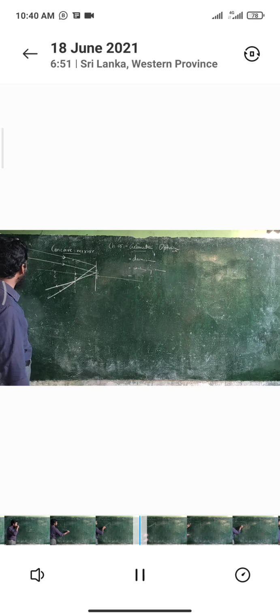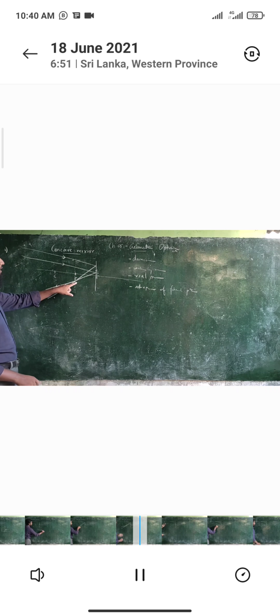Third character: here you have the real rays coming from the object. After the reflection, by the real rays, you are obtaining this image, by keeping a screen or something. So this observation itself tells us that we have formed a real image.